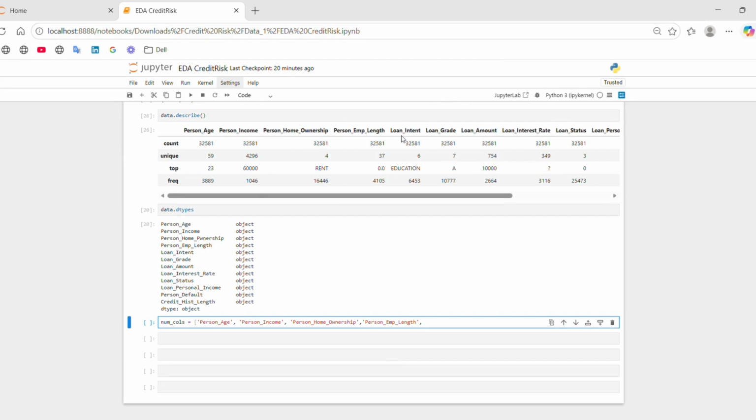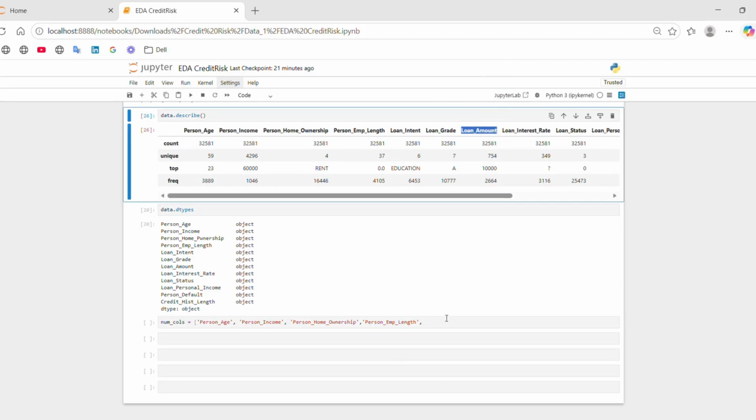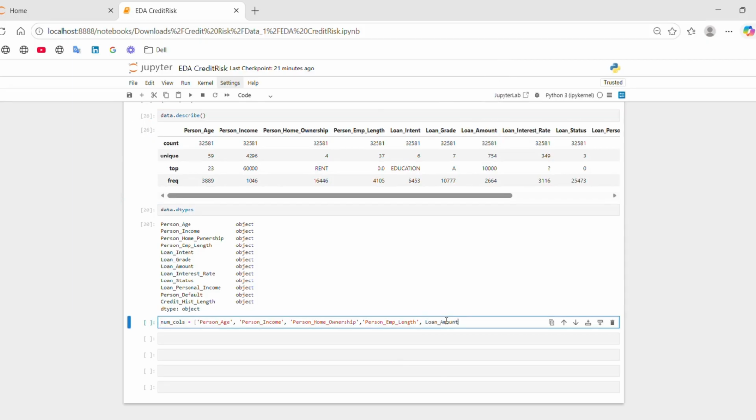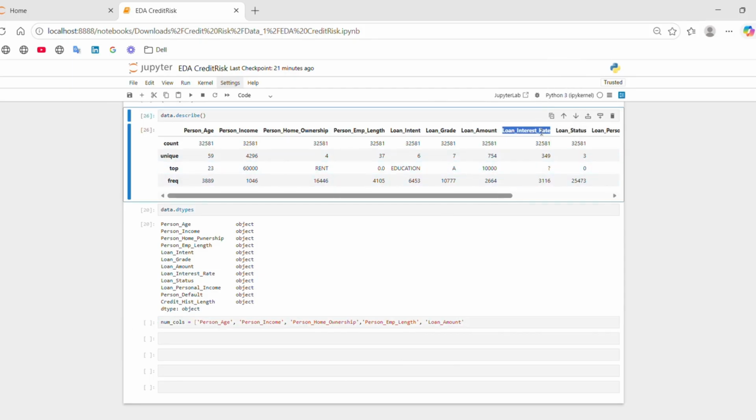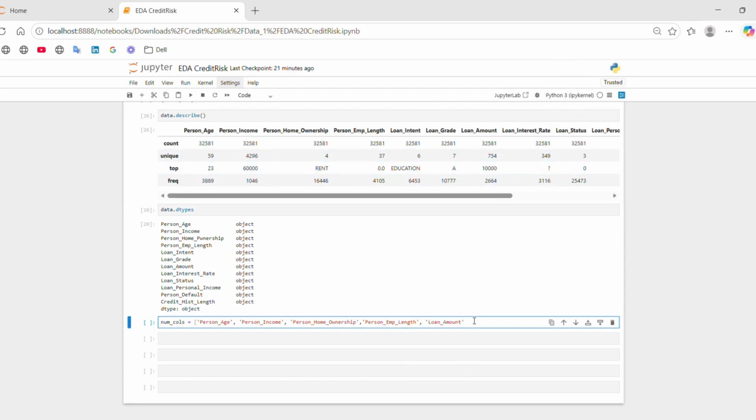Next is loan intent. Does loan intent come into that? No. So next is loan grade, no, loan amount. Next is loan interest rate.